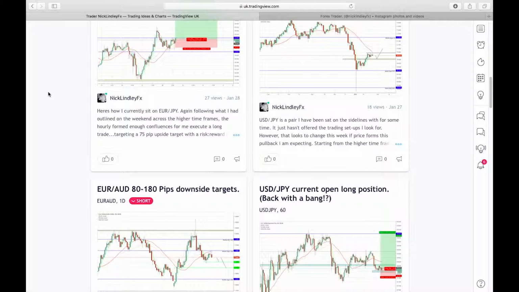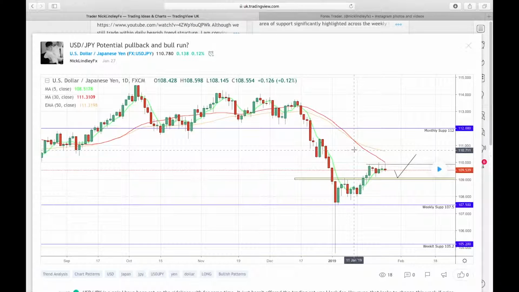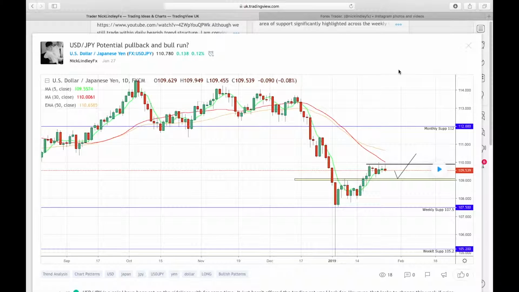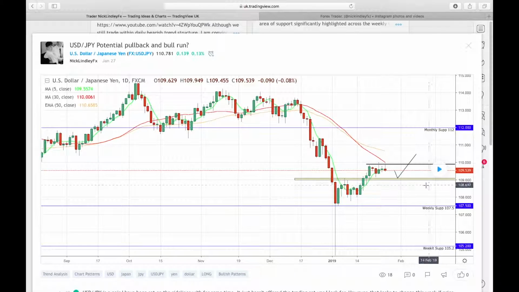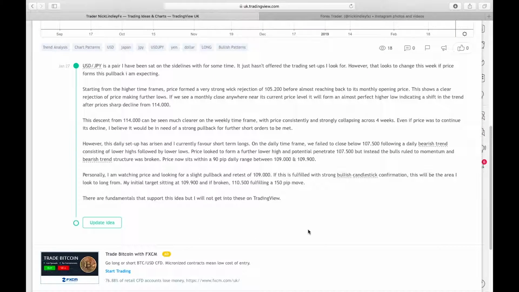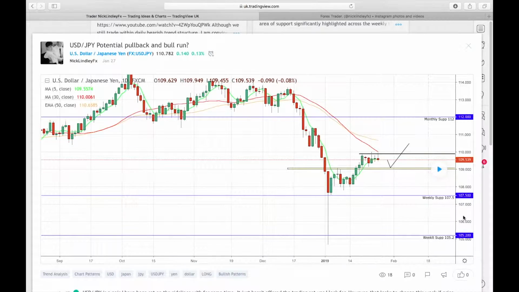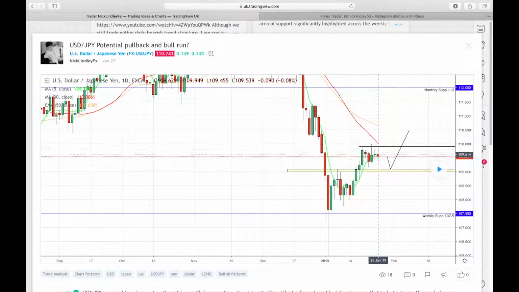I also want to quickly go over and highlight this USD Japan trade, which I believe I did cover in one of my earlier... Actually, no, I didn't, sorry. I posted this on January the 27th. I never really recapped on it. But this was another perfect, accurate trade. I really did go into a lot of detail breaking down this pair below. But what actually happened was I was looking for a retest into 10900s after seeing some consolidation.